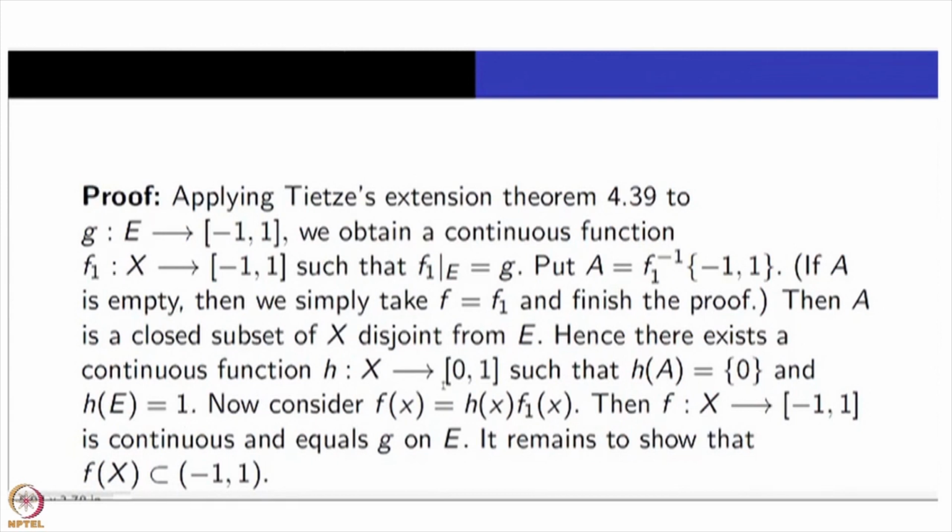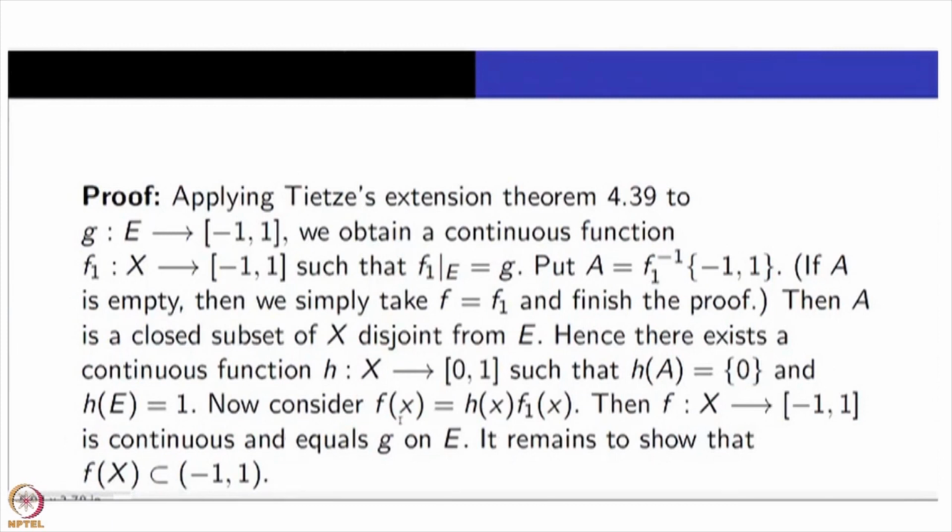Here I am using again 0, 1 instead of -1, +1. That is deliberate, it is not arbitrary. The whole idea is you don't want to disturb the E part, so you have put it as 1 there. You don't want the A part, so you have killed it. h of A is 0. That is the whole idea.